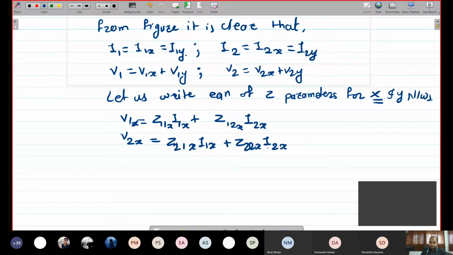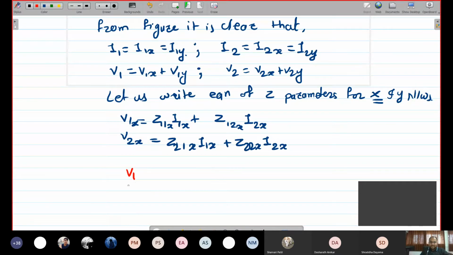Is it clear? Hope the Z parameter equations for X network we have written in a proper way and you have understood it properly. Shall we proceed? Yes, sir. Okay.